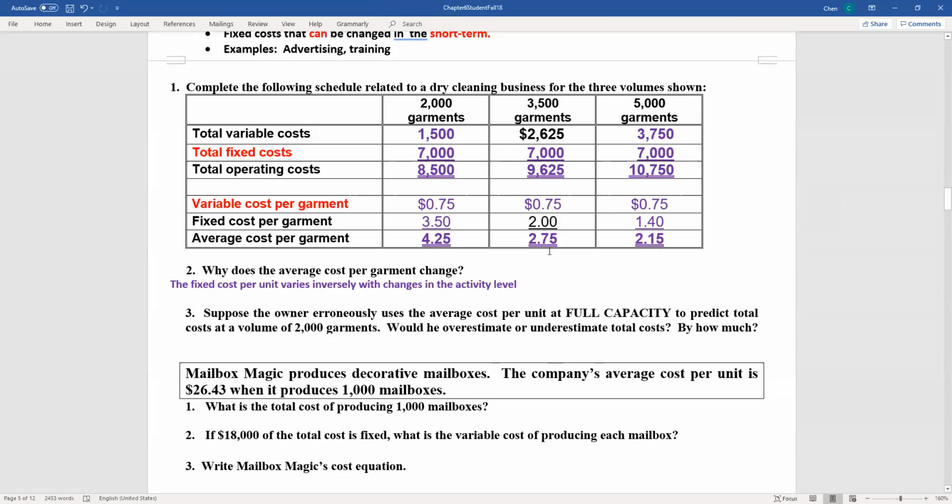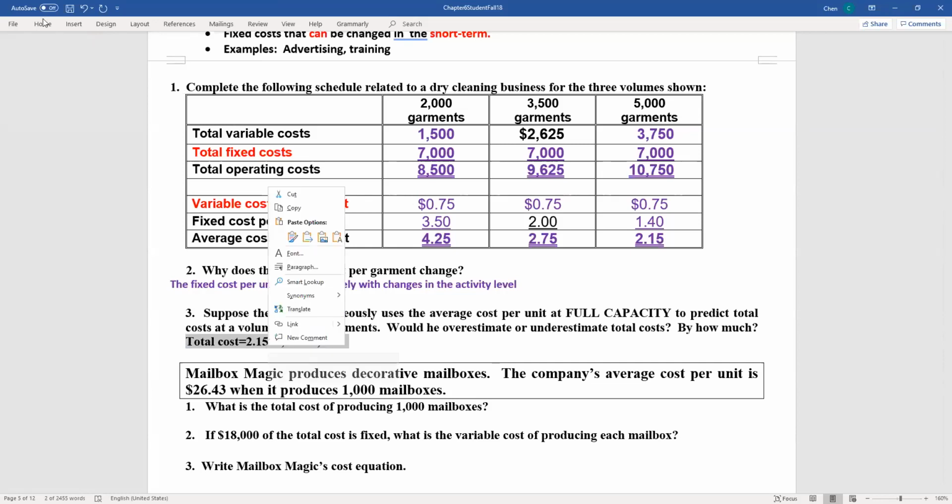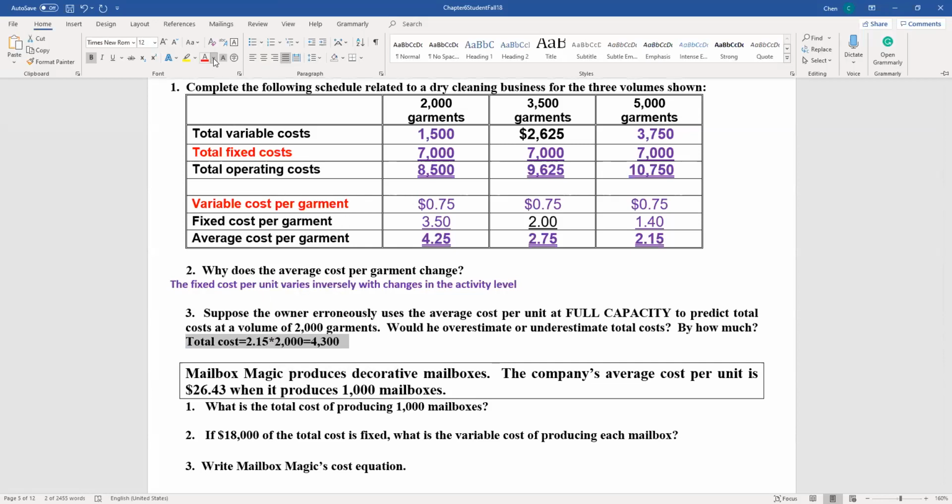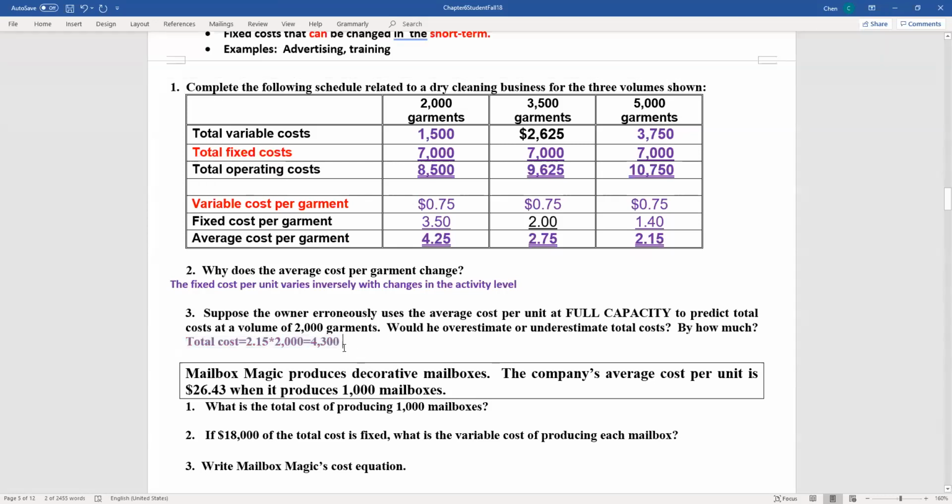And then if you do that, total cost will be 2.15 times 2,000, okay? Because this is total variable cost. And then you got $4,300. And this is the error, right? You erroneously did that. And then what is the difference?